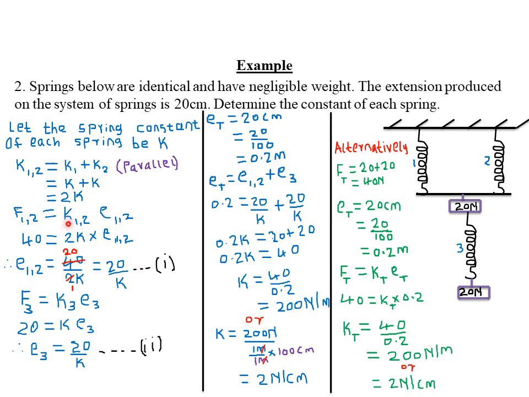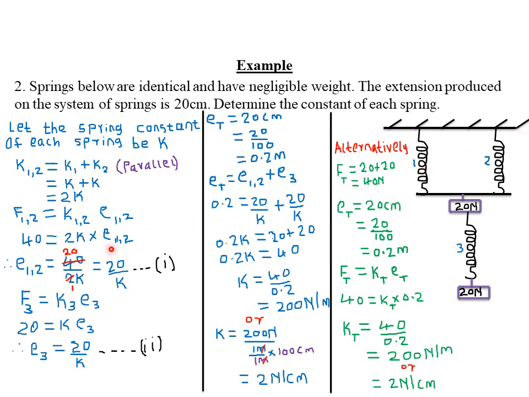Therefore, 40 Newton will be equal to the spring constant due to spring 1 and 2. Remember, for springs 1 and 2 we obtained the spring constant as 2K, because we assumed that the spring constant for each spring is represented by K. Therefore, 40 Newton equals 2K times the extension due to springs 1 and 2.